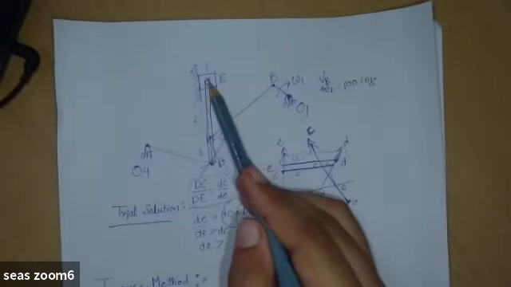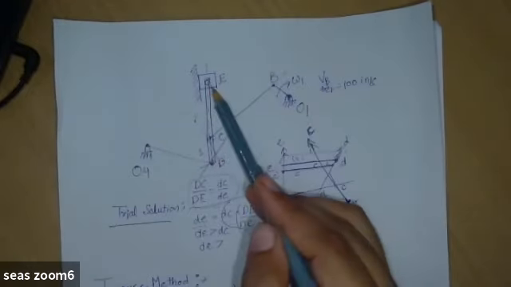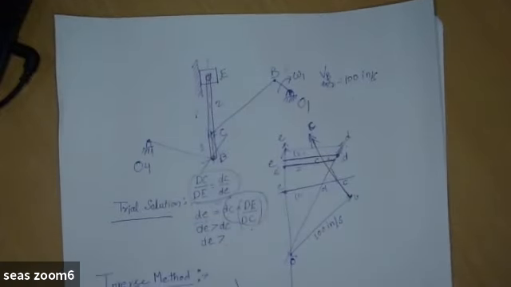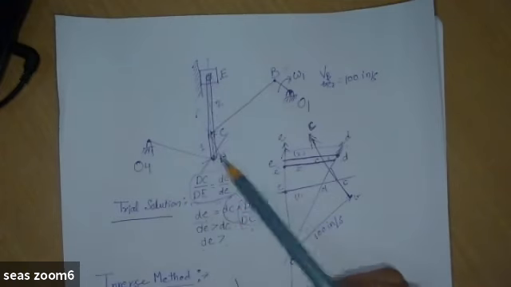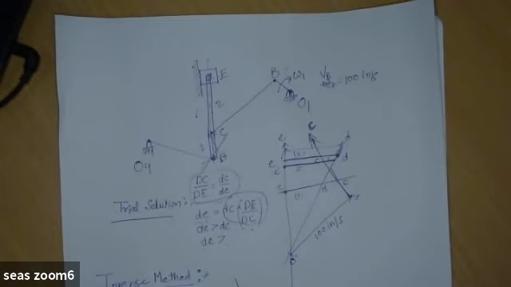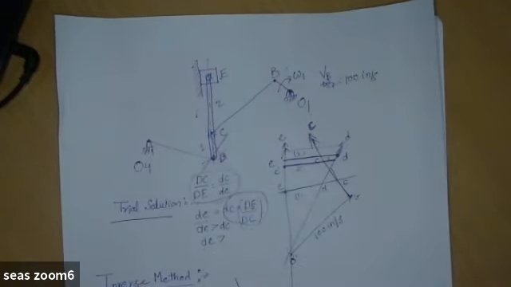And because all three are lying in one link, the dimensional proportion should be followed. That is why I have drawn this line, which is perpendicular to link E and D, sorry, not B, this is D. So this line is perpendicular to ED.